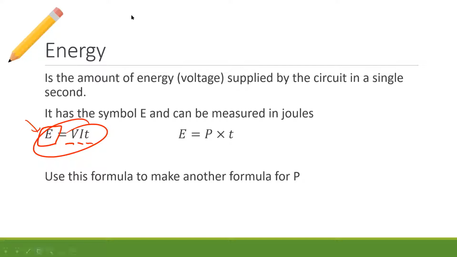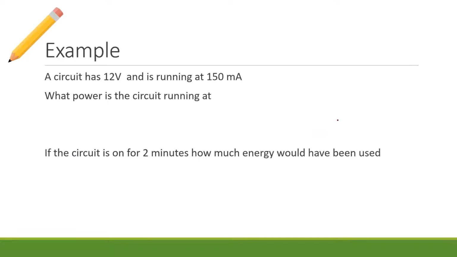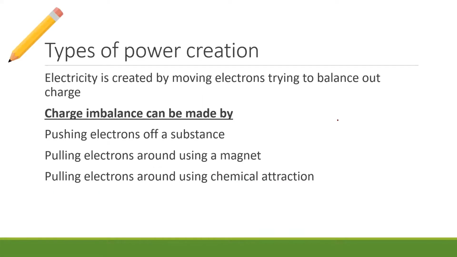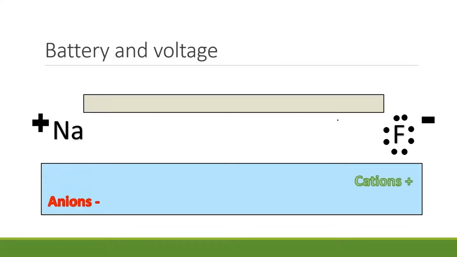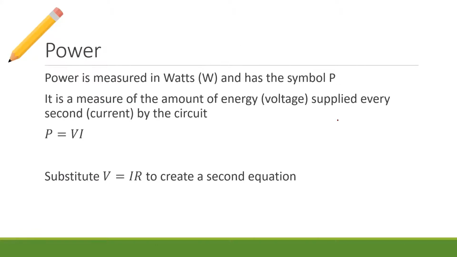So that's what E equals. The other form, of course, is energy equals power multiplied by time. Power is V times I, or it can sometimes be known as power equals energy over time.